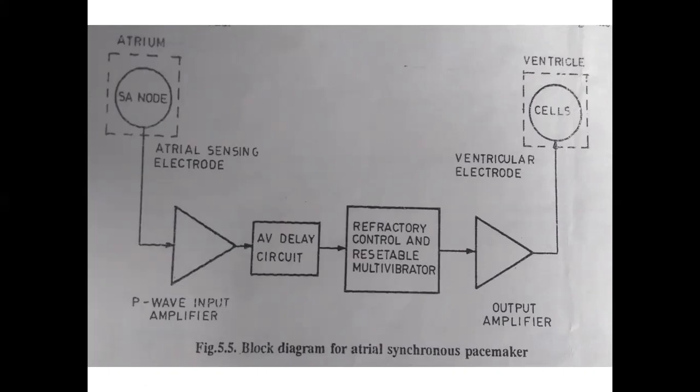What is the use of the refractory control or refractory circuit? What is the meaning of the refractory circuit? I will explain with some notation. Suppose we have the generation of a sawtooth waveform.